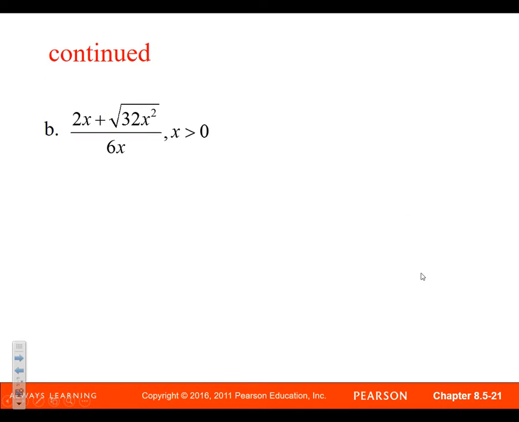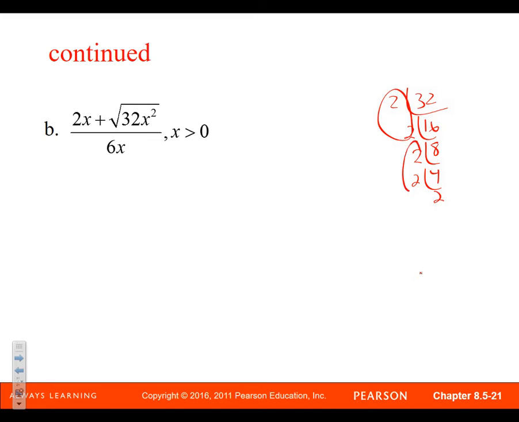Okay, moving on. Let's see here. That radical 32 is going to have to be simplified. Okay, and we can do our thing over here. So the square root of 32 is 2 times 16, 2 times 8, 2 times 4, 2 times 2.